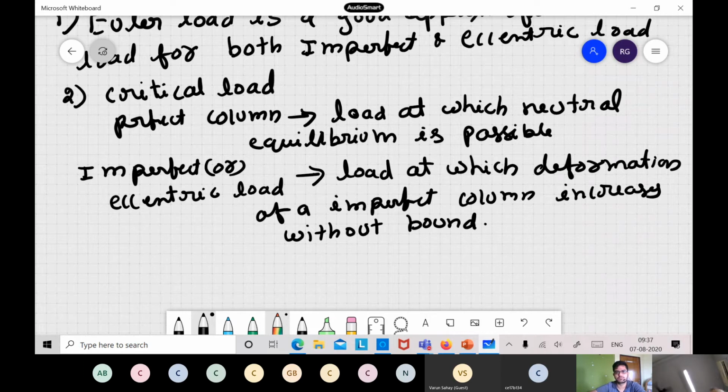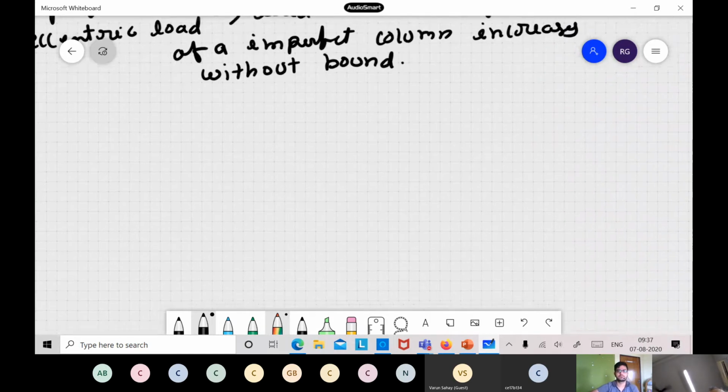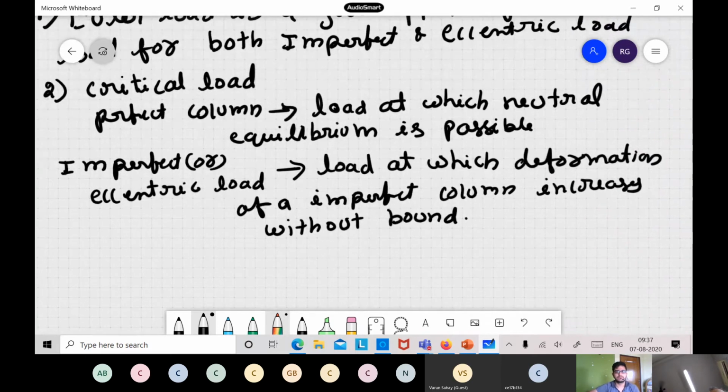So this is the most important observation which you can make from our ongoing derivation. For a perfect column, critical load means the load at which neutral equilibrium is possible. If it is an imperfect or eccentric load, it is the load at which deformation increases without bound.